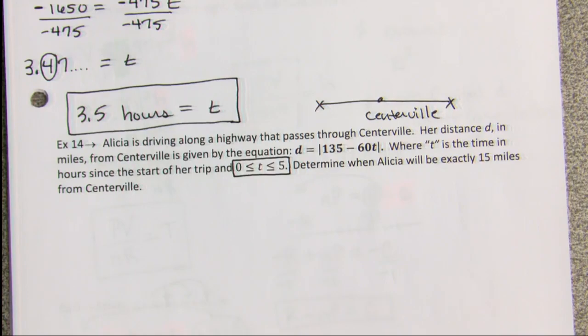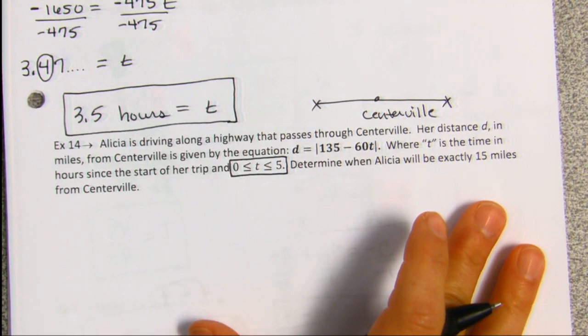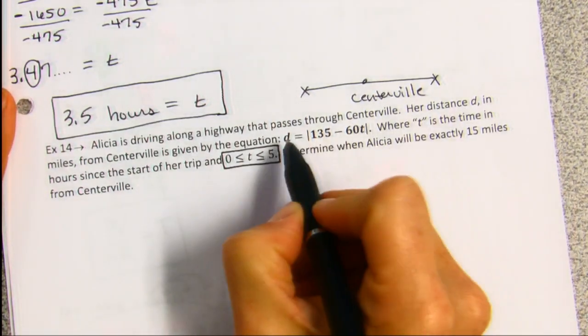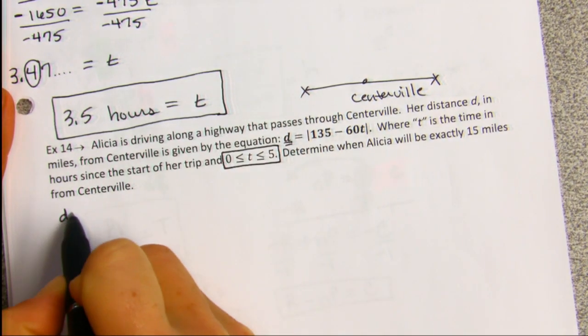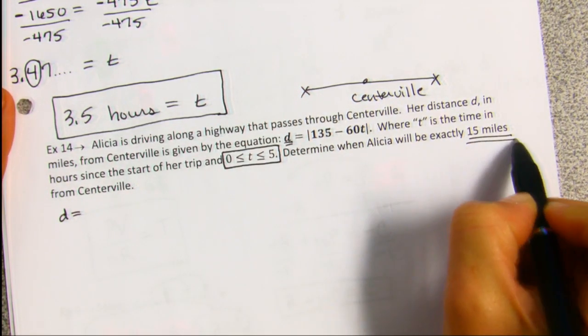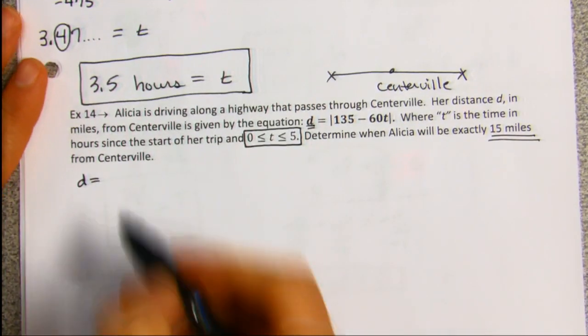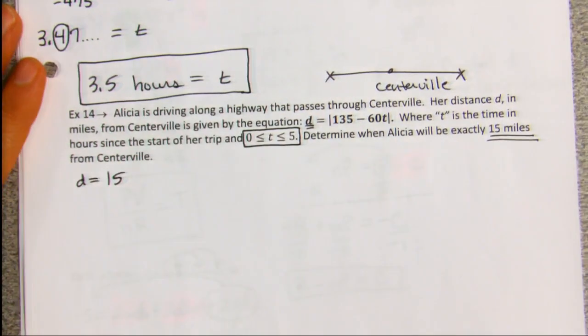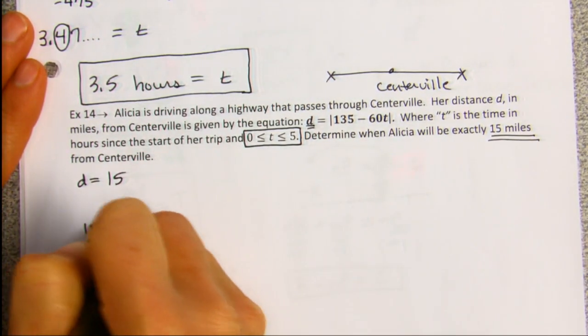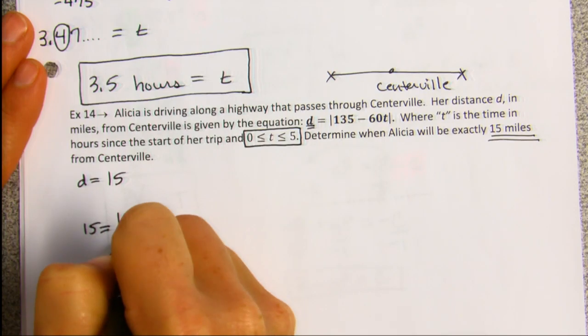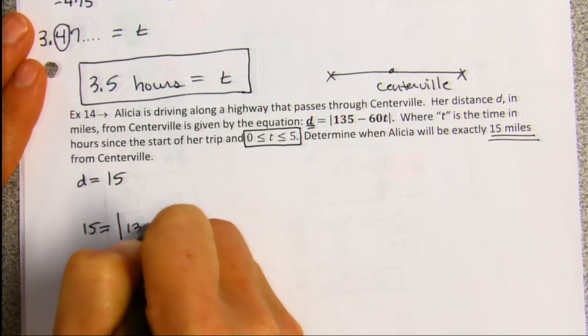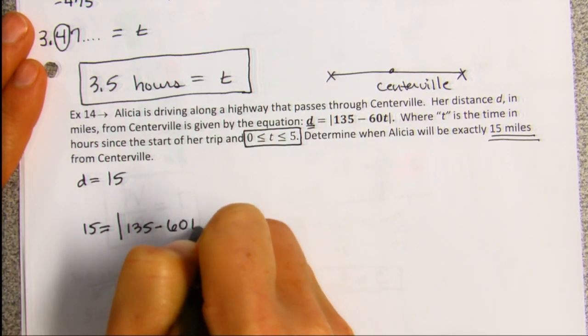We're going to use both as our answer, though, just not getting that detailed. So we're saying D is distance, and we want to know when we're 15 miles away from it. So I'm going to say 15 equals the absolute value of 135 minus 60t.